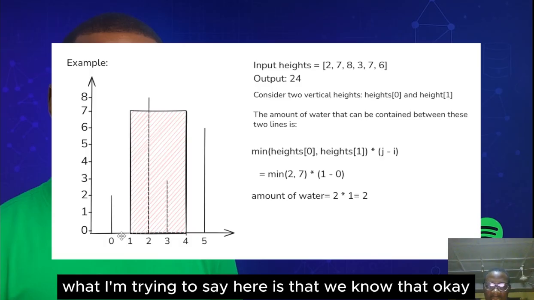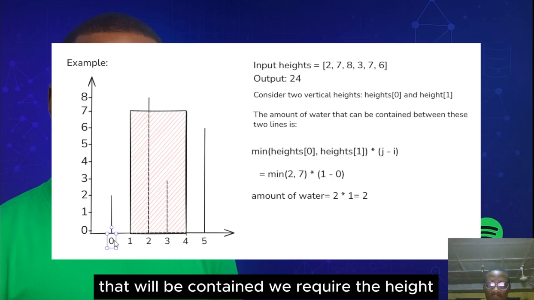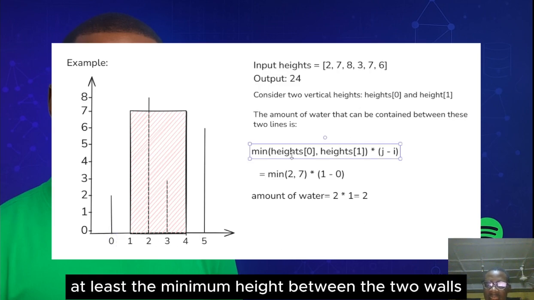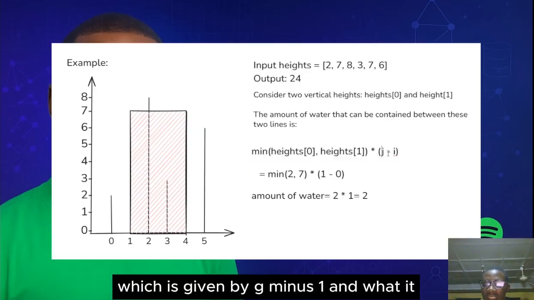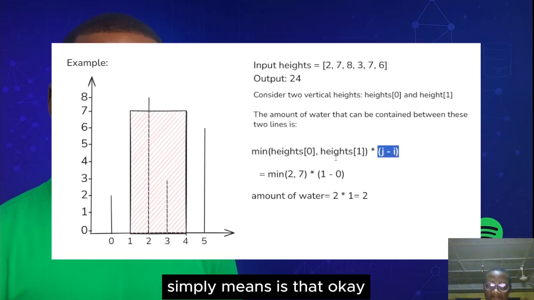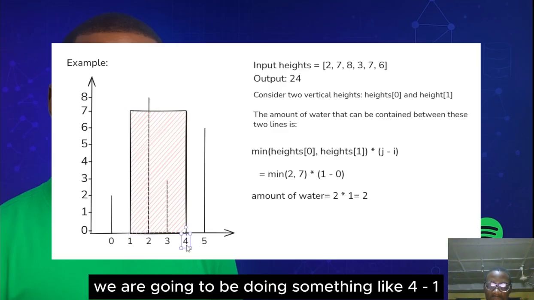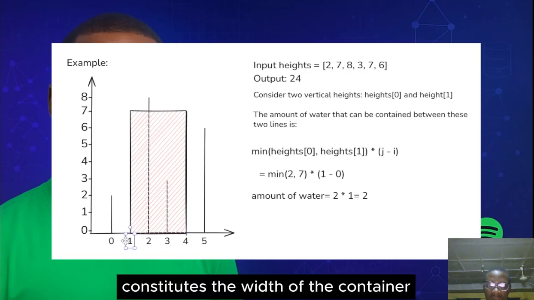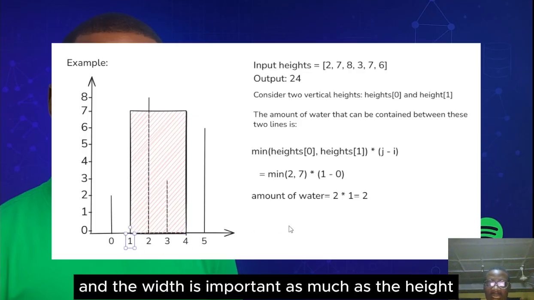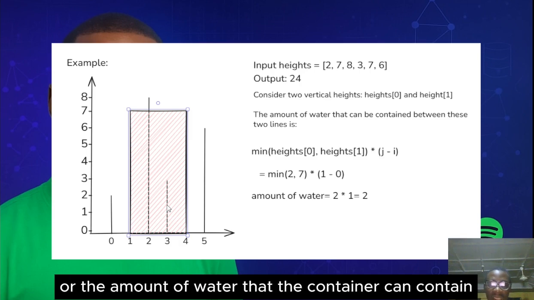To find the maximum amount of water, we require the minimum height between the two walls, and then we require the width, which is given by j minus i. If we choose our wall to be here and our container to be here, we are going to be doing something like 4 minus 1, because this is what constitutes the width of the container, and the width is as important as the height when we are finding the area of the container, or the amount of water that the container can contain.